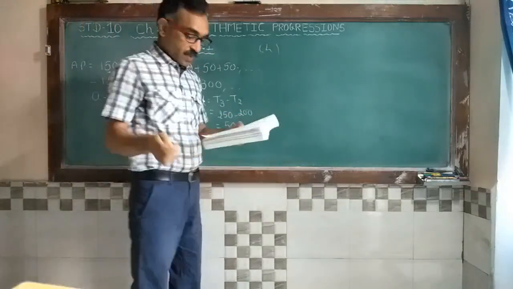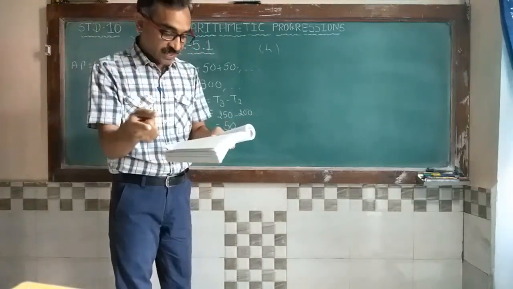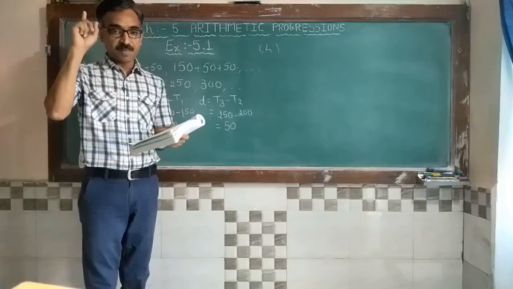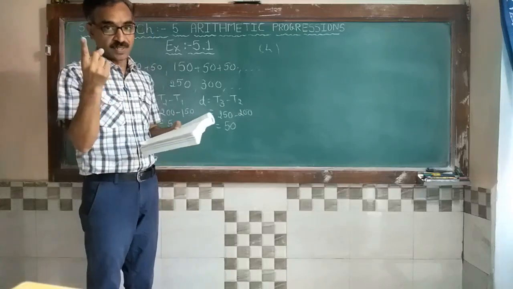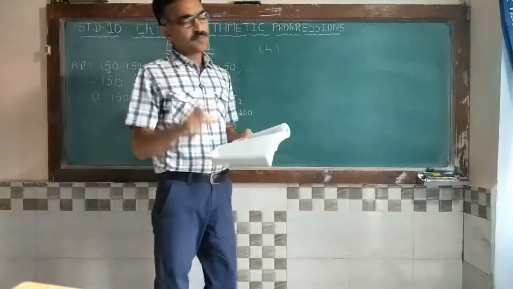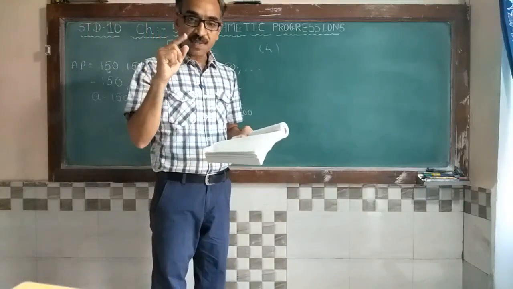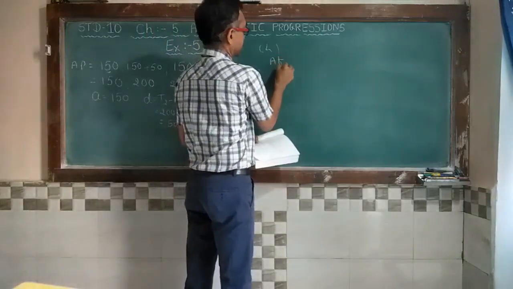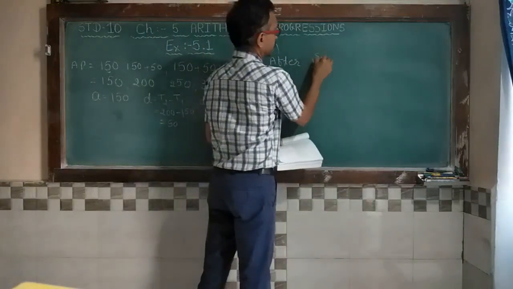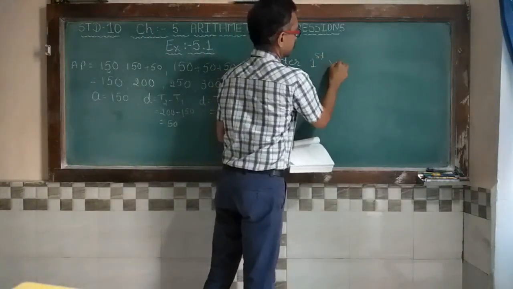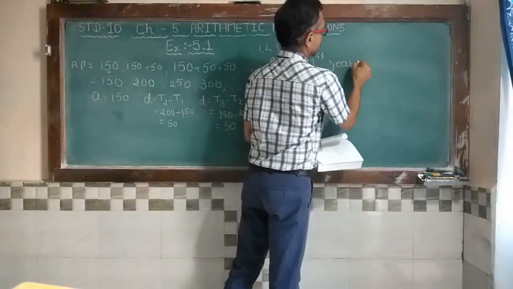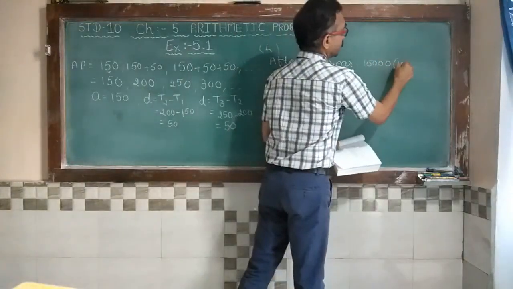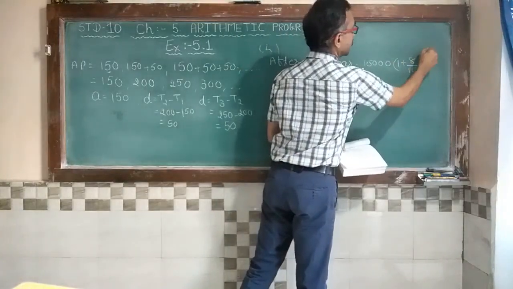Your fourth sentence, the amount of money in the account every year, when rupees 10,000 is deposited at compound interest at 8% per annum. Now we have to remember the formula to find out the compound interest. So after completing the first year, what is the value? 10,000 into 1 plus 8 upon 100 for the first year.